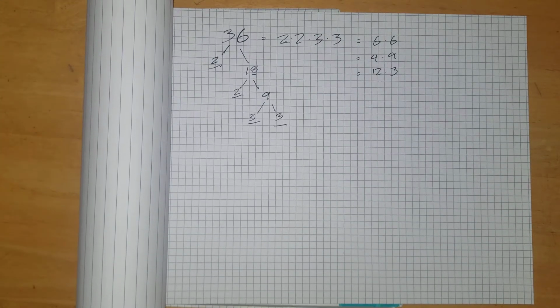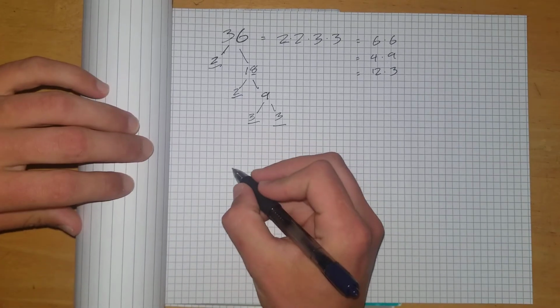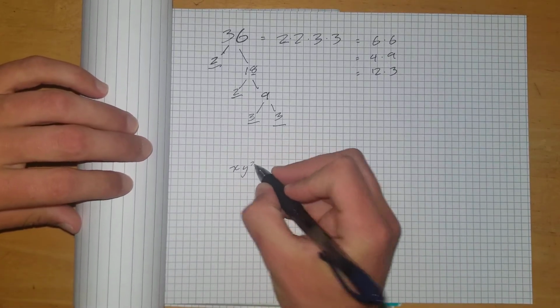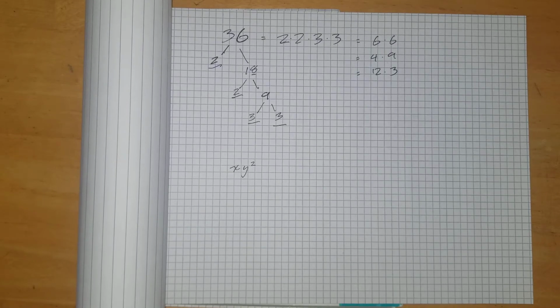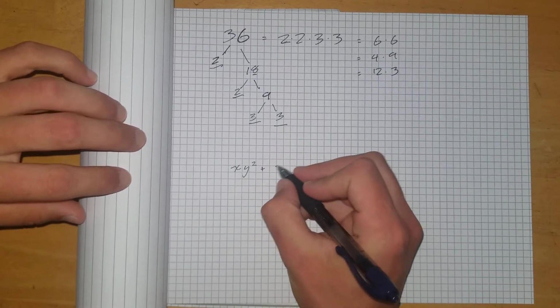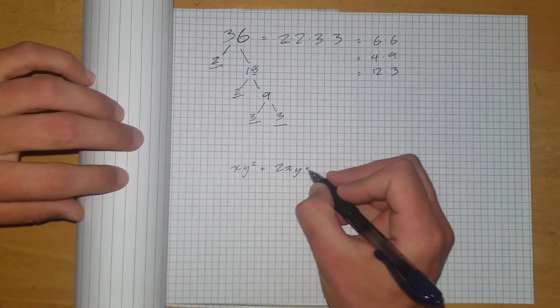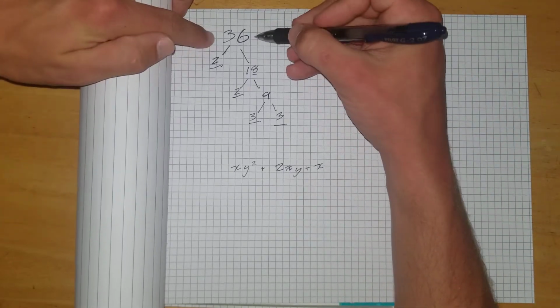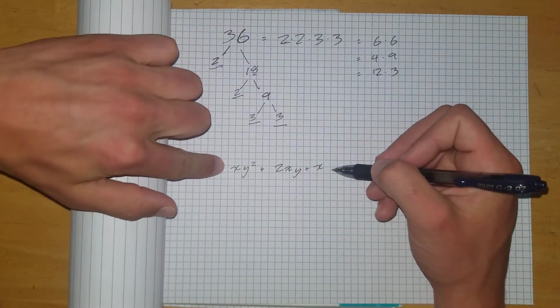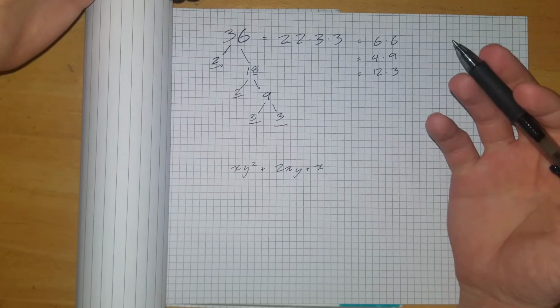I'm going to take one of the problems that we had on the test. Let's look at x times y squared. So this one's a little more tricky, but the same type of idea applies. Instead of dealing with 36, I'm dealing with a trinomial.